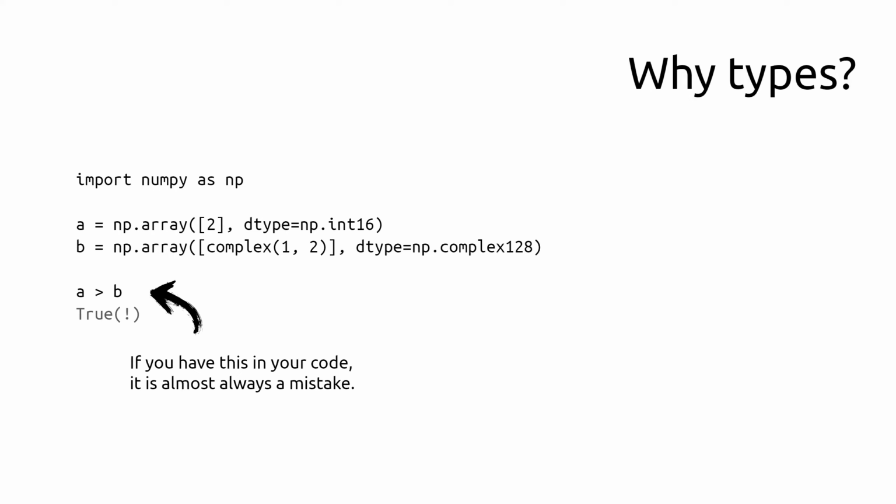And also this hand-wavy approach with types leads to weird situations like this. Sorry. Here I'm defining an array of integer numbers and an array of complex numbers of the same length. And then I'm comparing them. What does that mean? What does it mean to do A larger than B when one of them is a complex number?